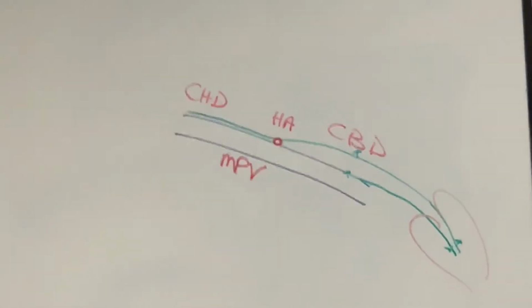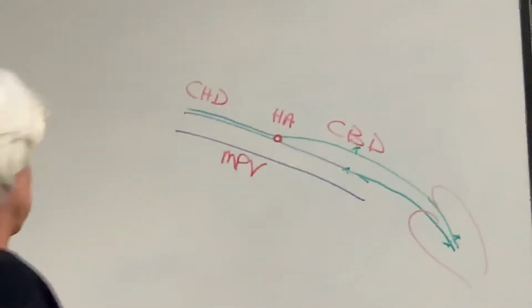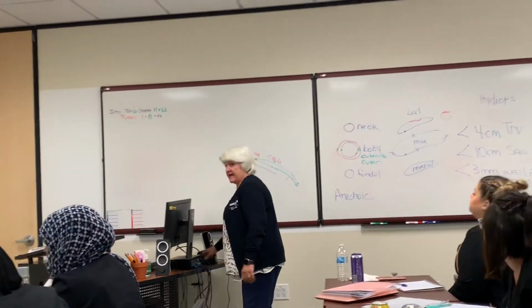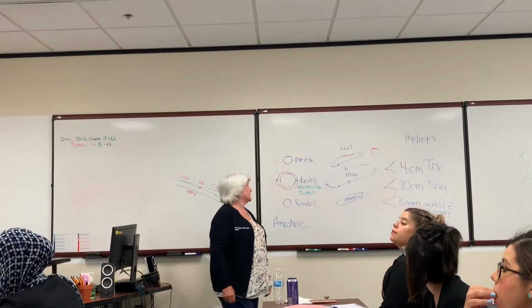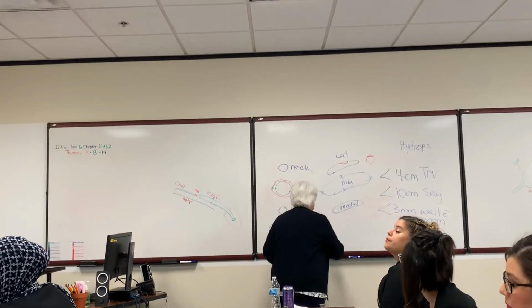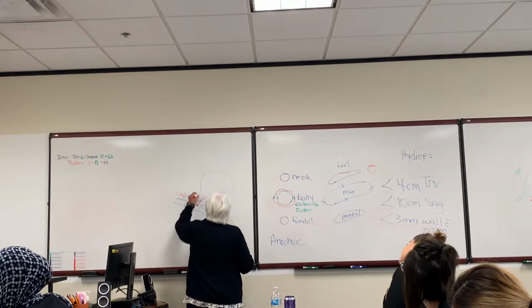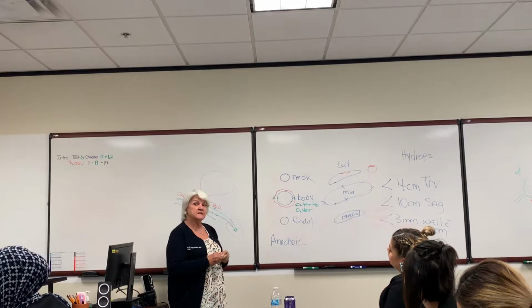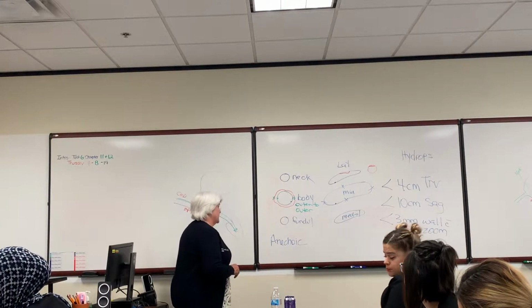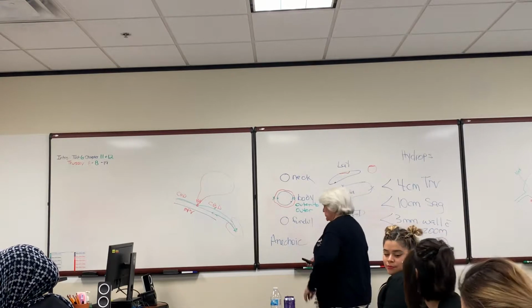So the two ducts that make up the common bile duct are the common hepatic duct and the cystic duct. Okay? Because somewhere in this area right here, I'm going to have my gallbladder. We don't see the cystic duct unless there's something abnormal about it. It's too tiny.